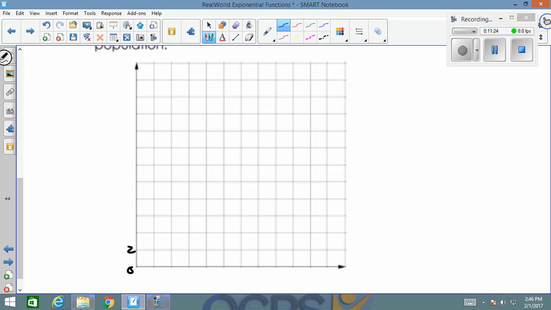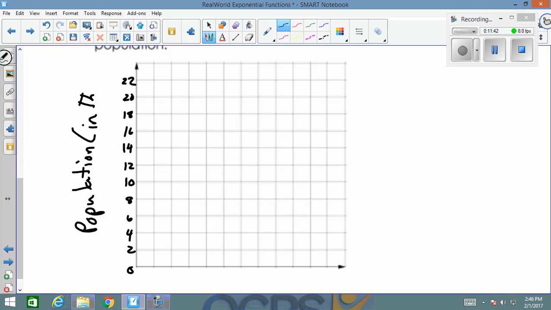So here, I'm going to go by 2's. We're going to say this is population, in the thousands, and again I'm going to do this by 2's.